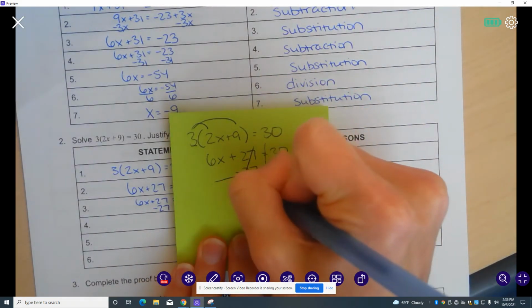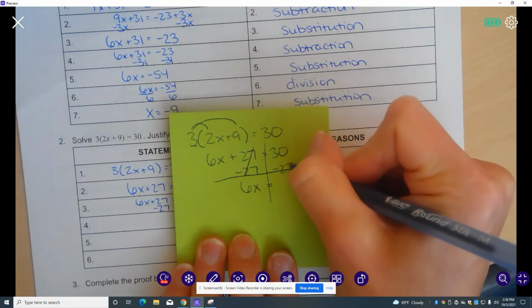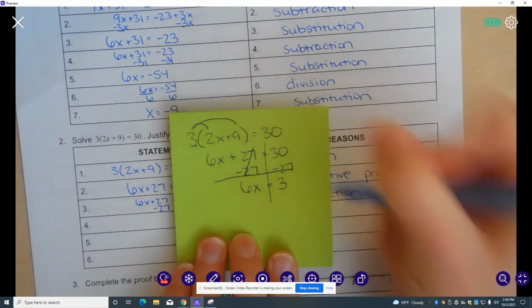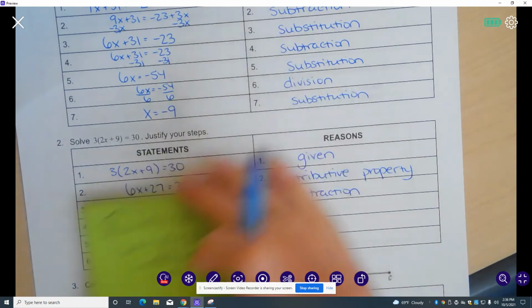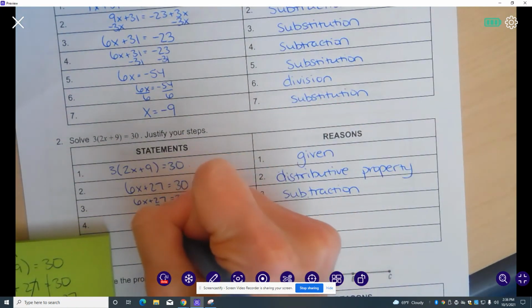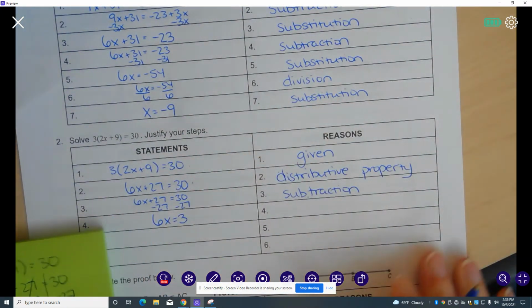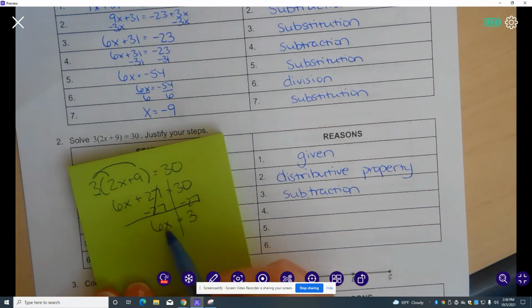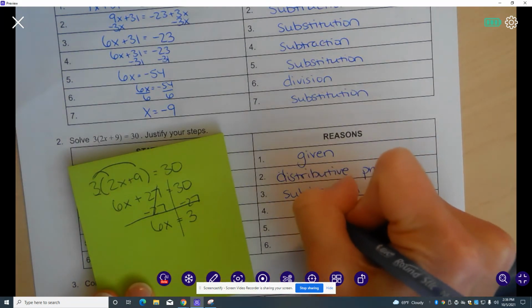Okay, when I cancel and simplify, let's see, 30 minus 27 gets me 3. Okay. 6x equals 3. When I cancel and simplify, I'm using substitution.